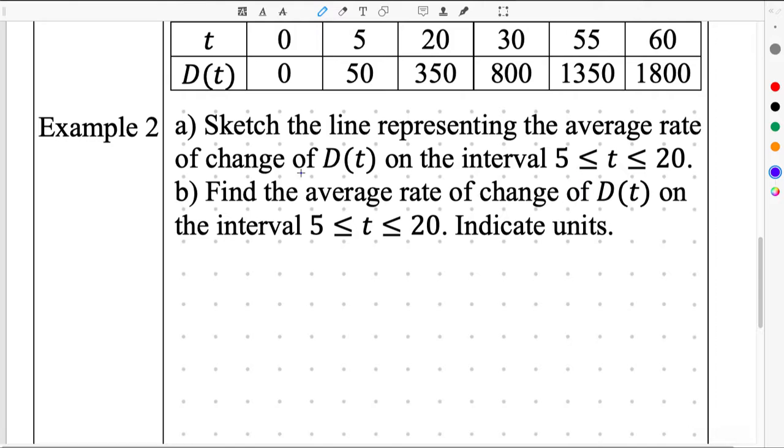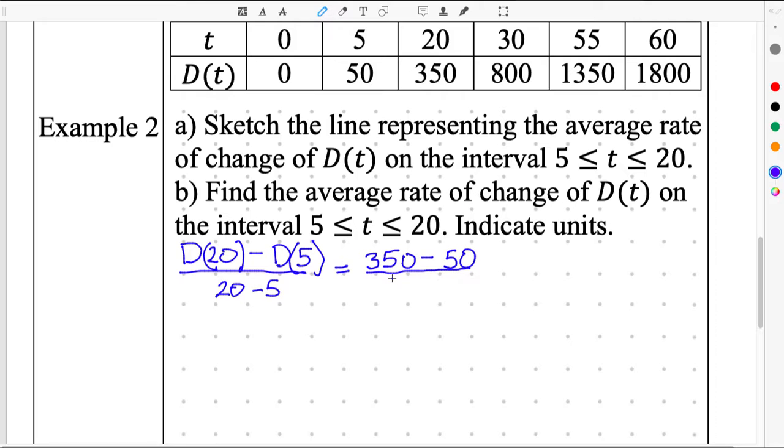All right, and then part B, find the average rate of change of D(t) on the interval. So again, you're doing capital D of 20 minus capital D of 5, all of this divided by 20 minus 5. And we have to have units again. All right, and then if you have 20, that goes to 350. 350 minus D of 5, which is 50.